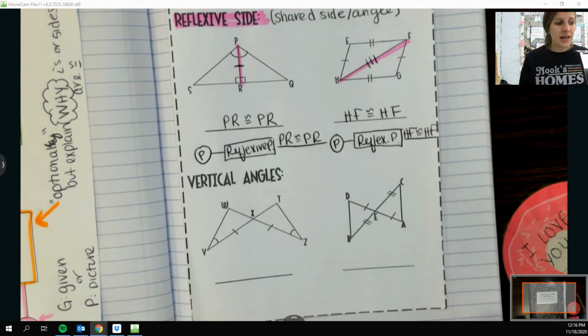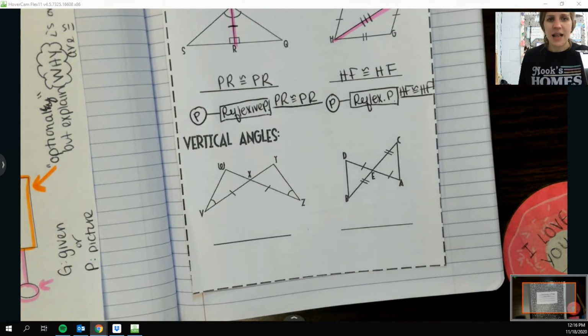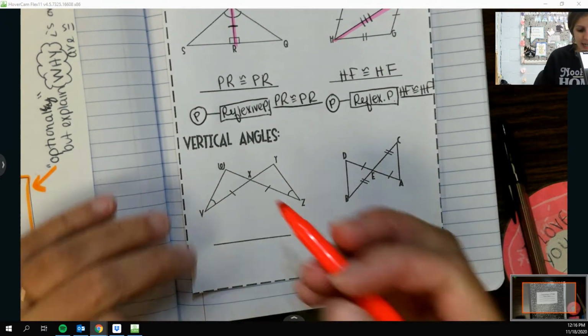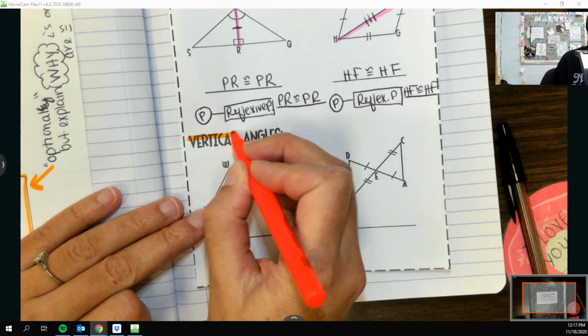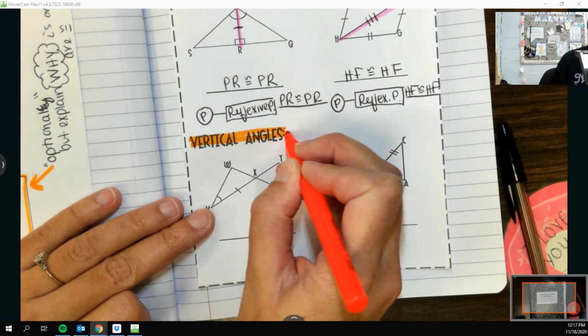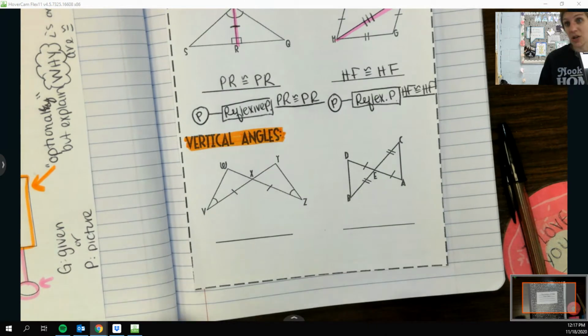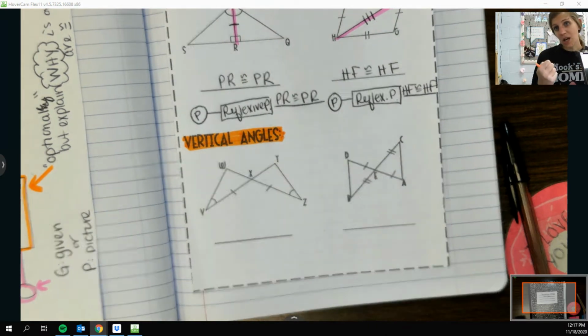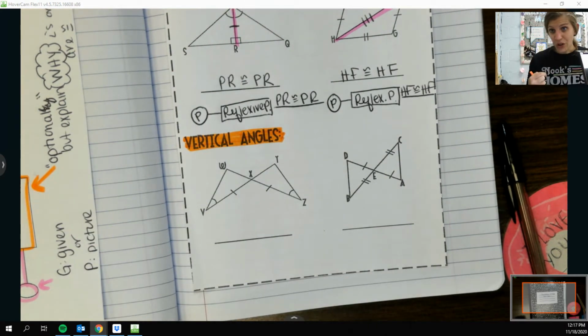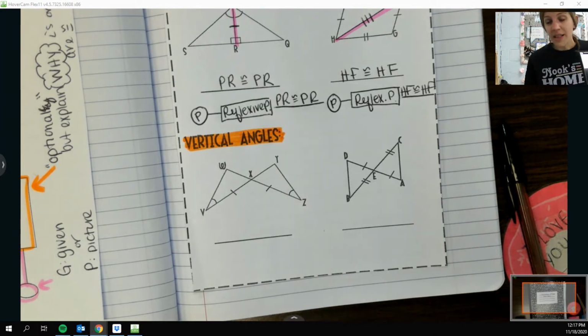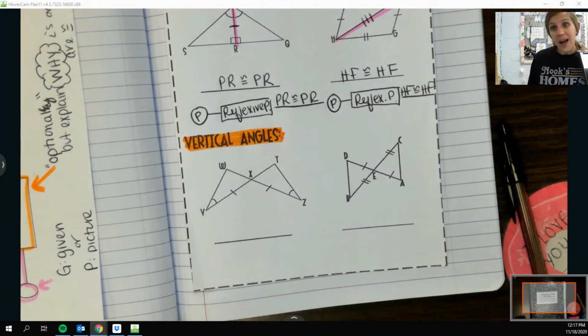Okay. Now, another thing that you can get by just looking at the picture is vertical angles. And we can tell that we have vertical angles if we have 2 lines crossing each other, and then the angles across from them are vertical, and we also know that vertical angles are equal. That was actually a theorem that we talked about a while ago.